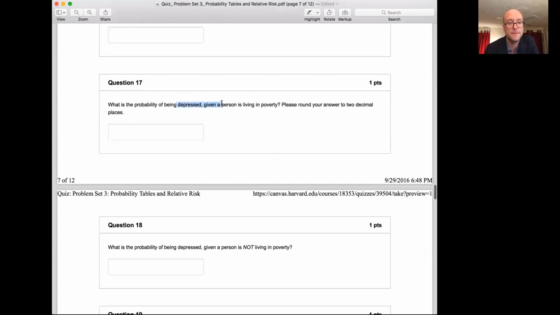Hold on for a second. First, we need to know the probability of being depressed, and also the probability of being in poverty. Okay, and how do we figure that out? Well, we just basically take the probability of the exposure within that conditional subgroup. Remember last time I talked about how each column adds to 1.